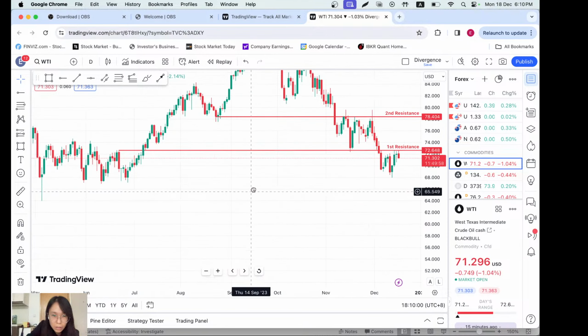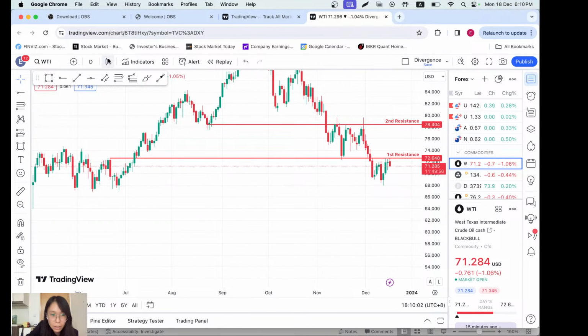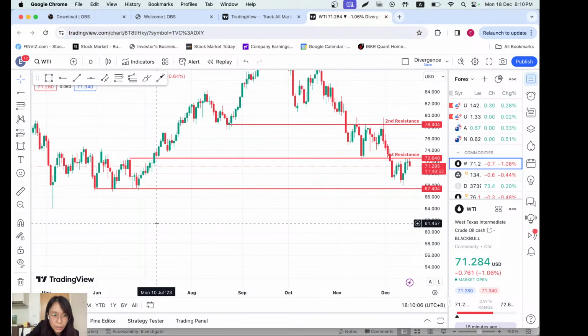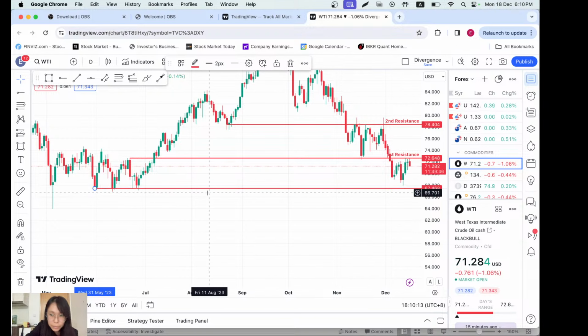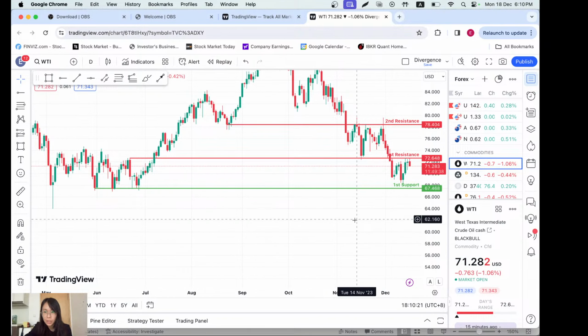This can be a good support level. As you can see, the price has been rejected here. So you can see the price has faced rejection at this support.